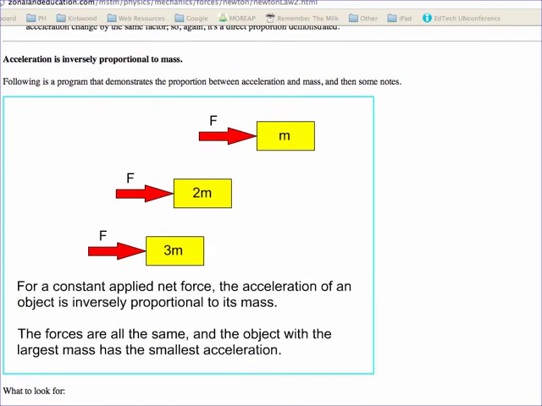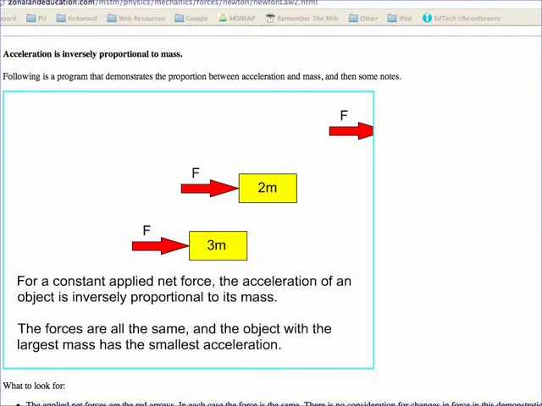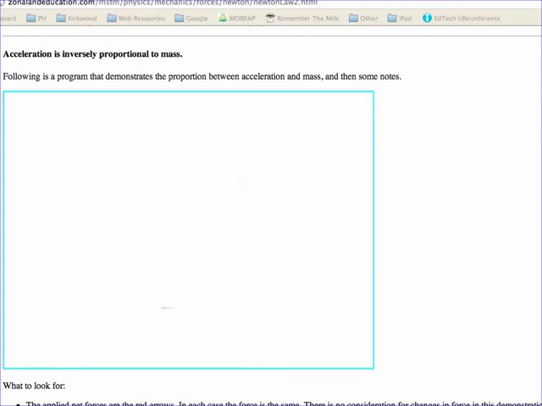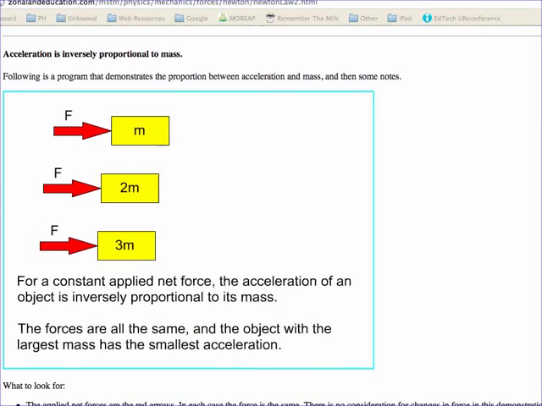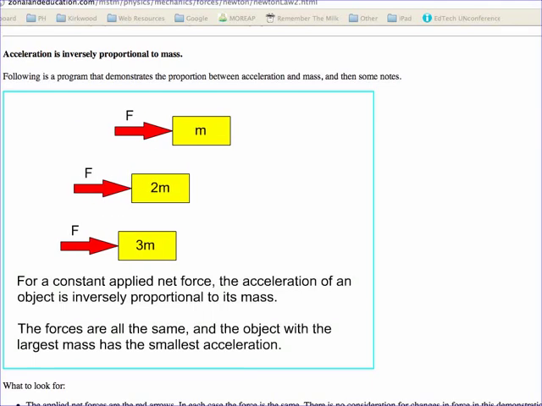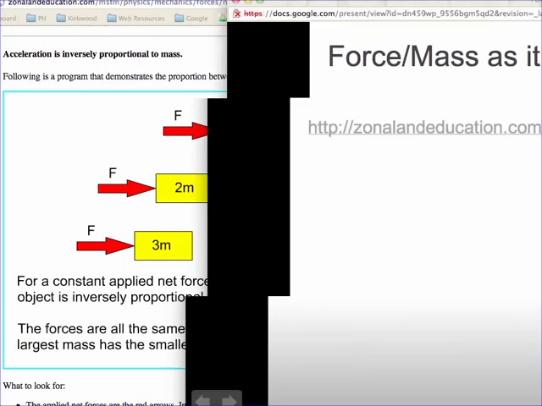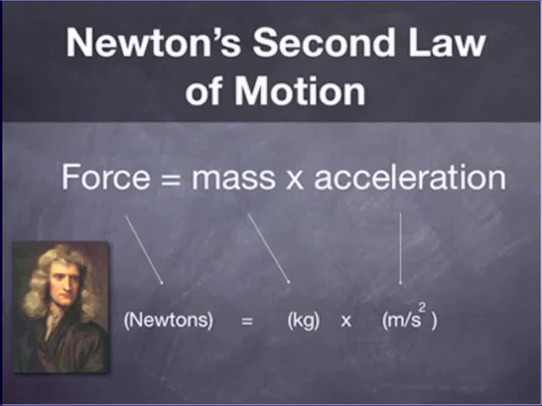Here's another example. What if I change the mass? Okay? If I make the object heavier. Well, if I make the object heavier but still keep the same amount of force, we will get a different amount of acceleration. Okay? So that gives you an idea of how acceleration does depend on both force and mass.